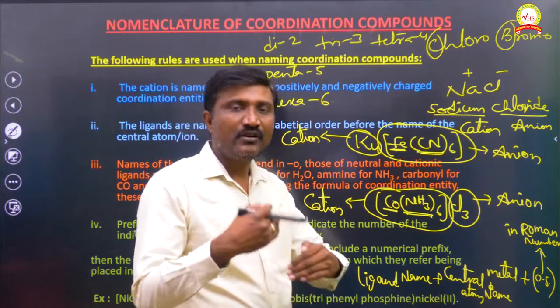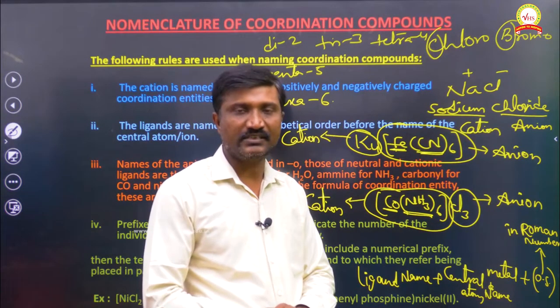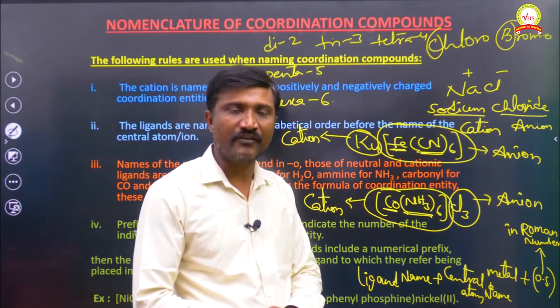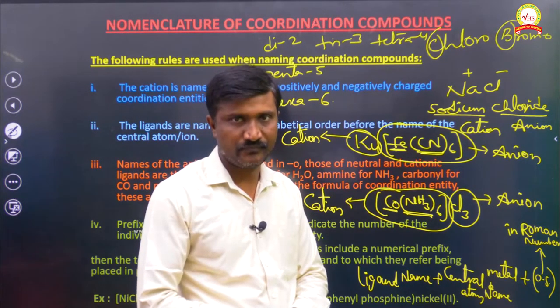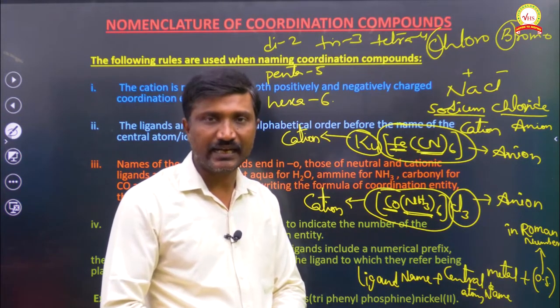Now, if chelate ligands are there, chelate ligands means your ligand is going to form a ring after binding to the central metal atom. Those chelate ligands are nothing but bidentate or polydentate ligands.